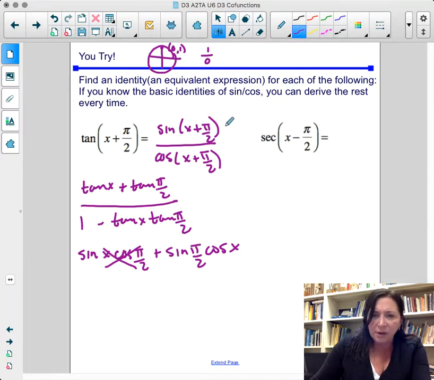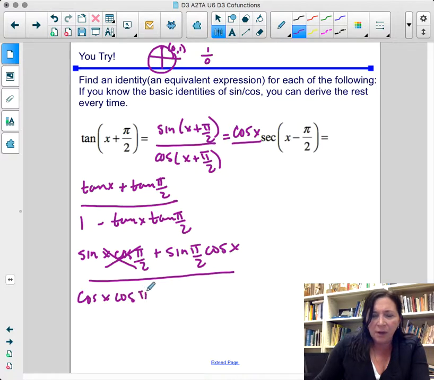So this here is equal to cosine of x over, now this one right here, okay, this is all over this, which is cosine of x cosine of pi over 2, opposite sign, so that's minus, sine of x sine of pi over 2. Now, sine of pi over 2 is 1.